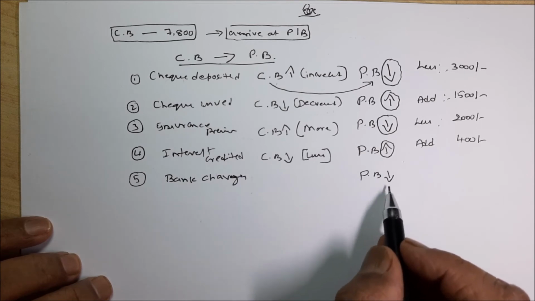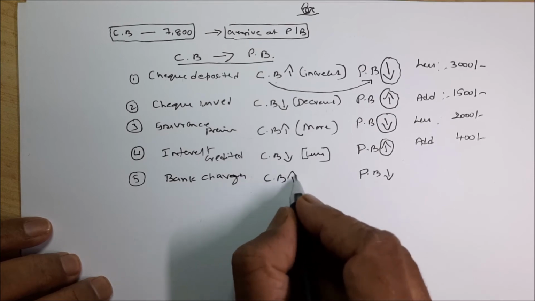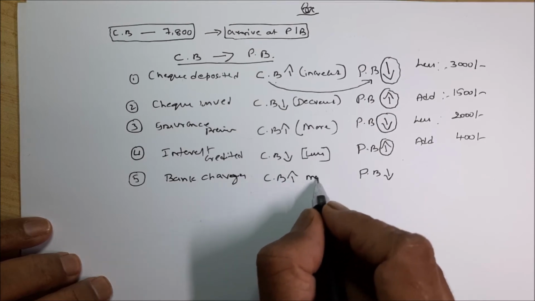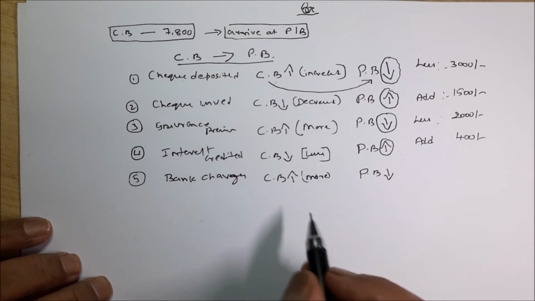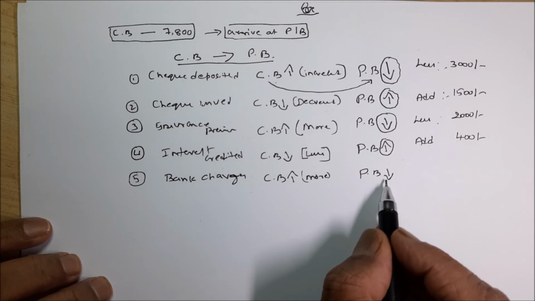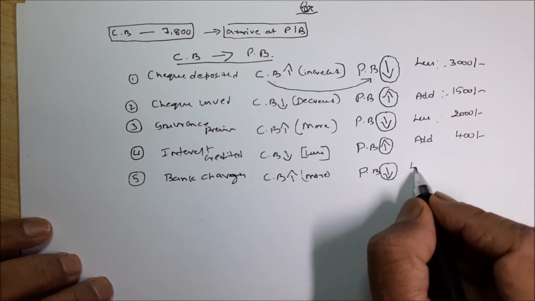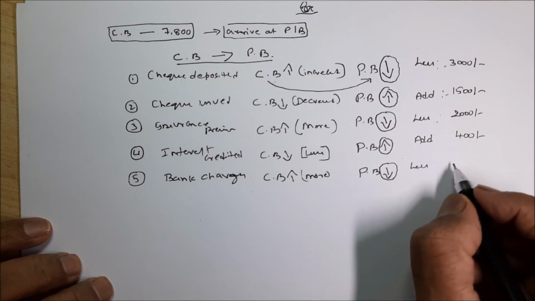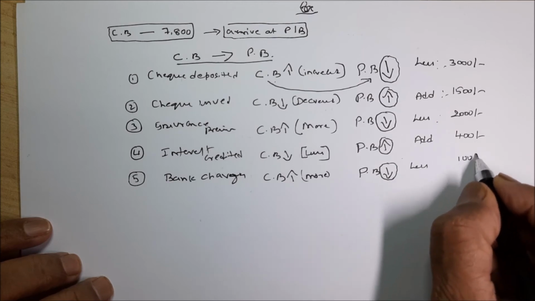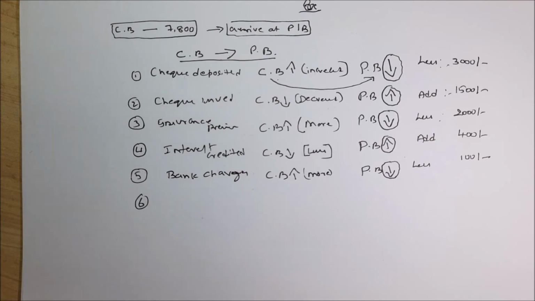So the passbook balance is showing less. But in the cash book we have not taken it, so it is showing more. So this is less. How much? 100.